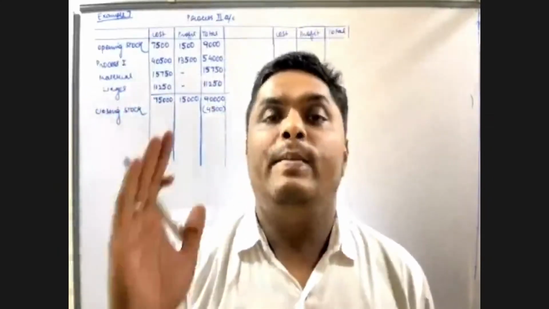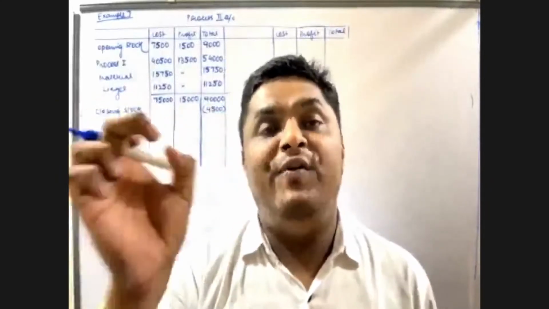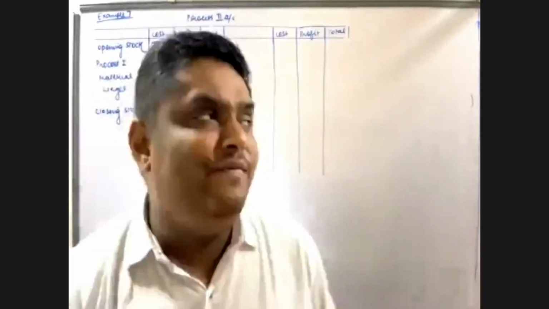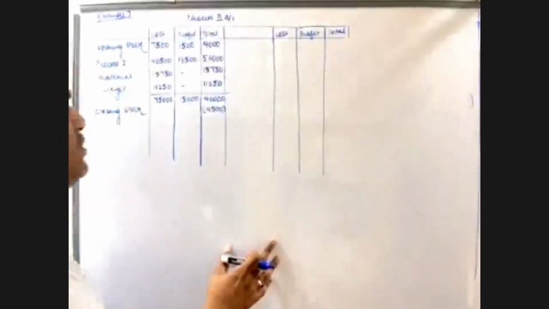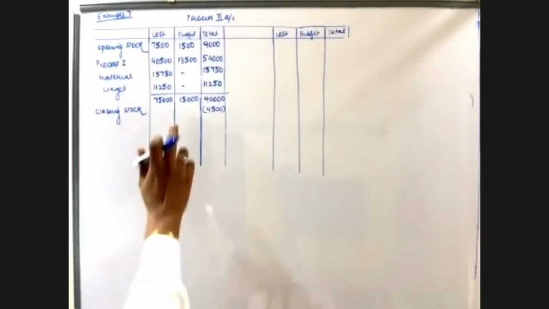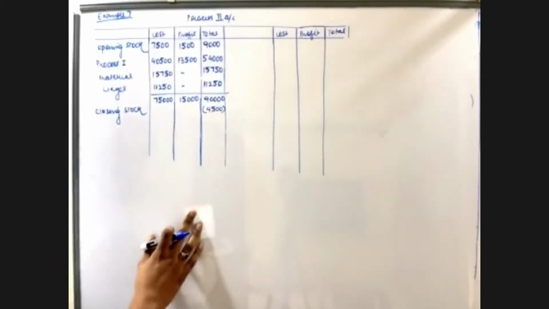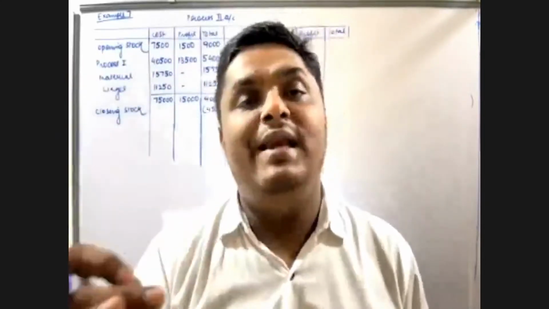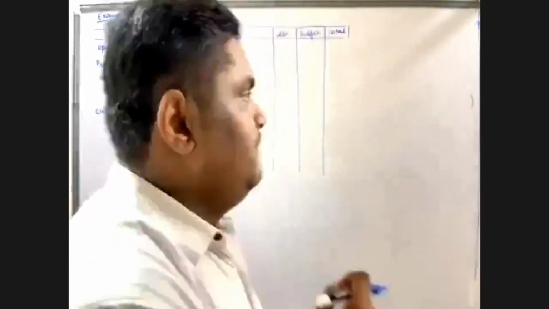But in process second, there is some profit element that is transferred from process first. So that's why we have to do this calculation. The value of my closing stock is 4,500. In this, there is some profit element. And it is given in the question that the closing stock is to be valued at prime cost.